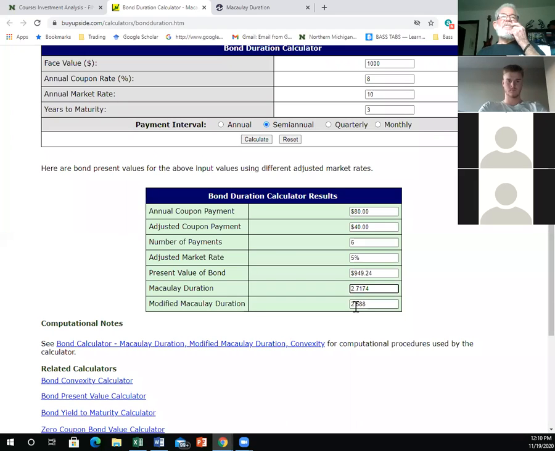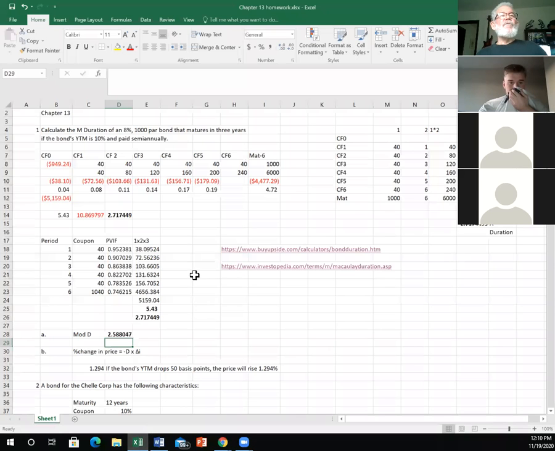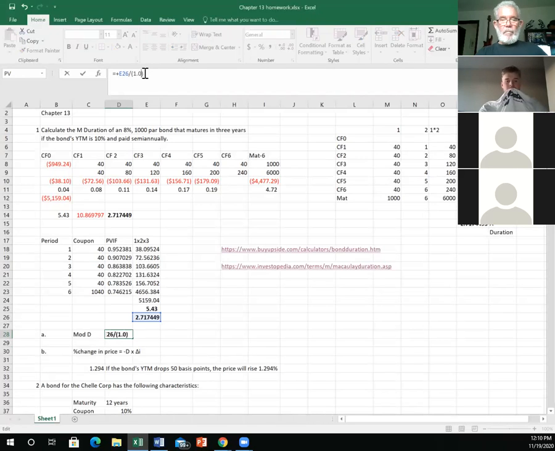Let's be careful with this modified duration. This appears to be using the semi-annual interest rate the way I did it the first time. But the formula says to use the yield to maturity, which is 10%. So it should be 1 plus 0.10. 2.47.